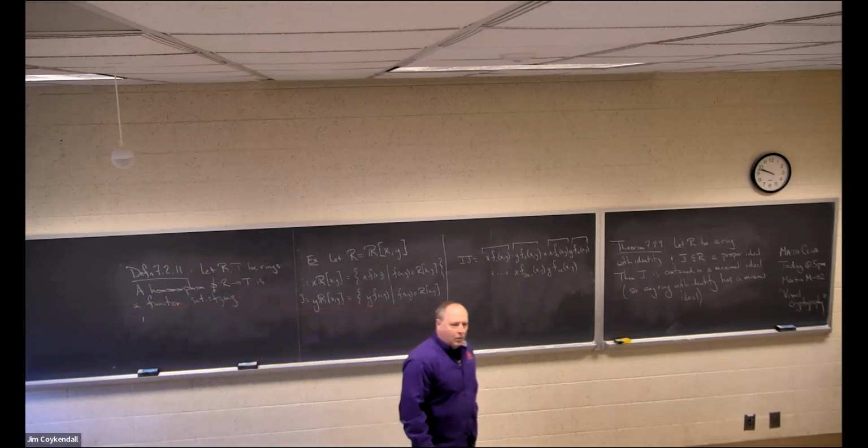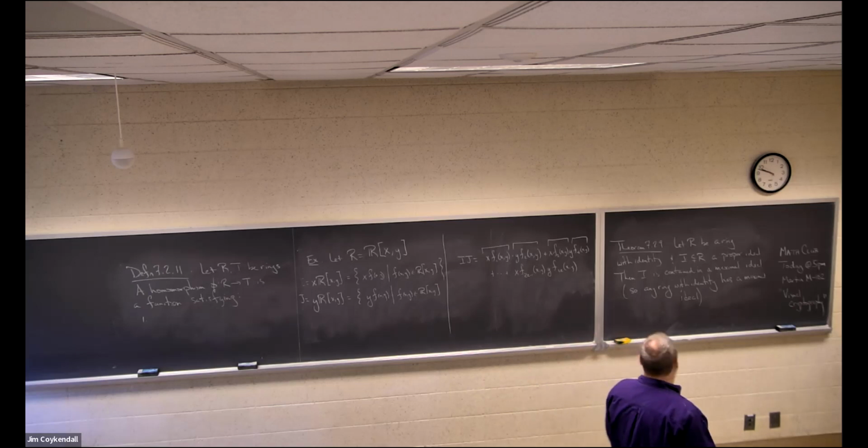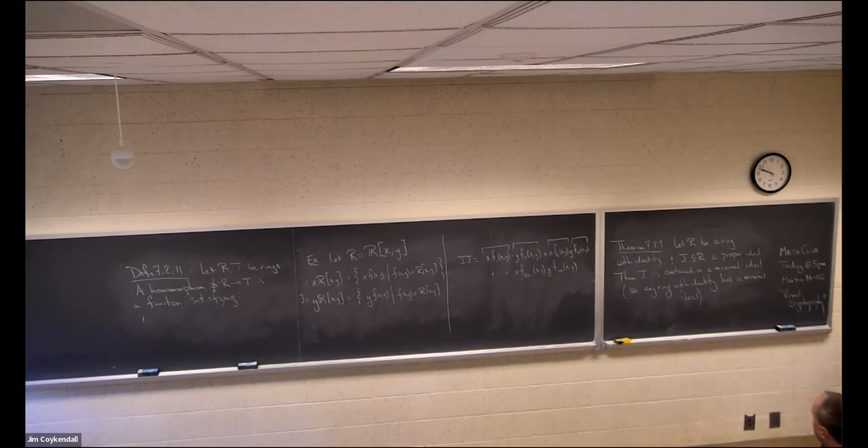Okay, so now we've got something here, and I didn't use the adjective up there, but I meant to: a ring homomorphism. Well, a ring, first and foremost, is a group. So this better be a group homomorphism.